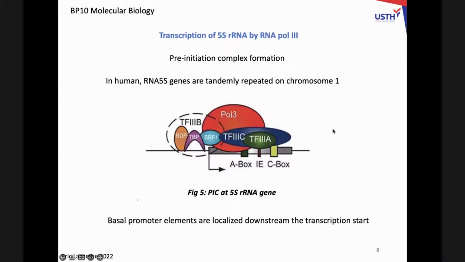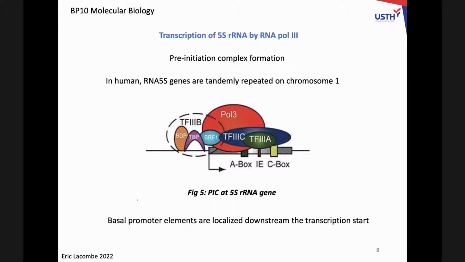Do you see the difference with Pol 1 and Pol 2, which we are going to see just after? But you already know it. For Pol 1 and Pol 2, the whole pre-initiation complex containing the polymerase is established on the +1 site, the transcription start, and the interactions are upstream of the transcription start.